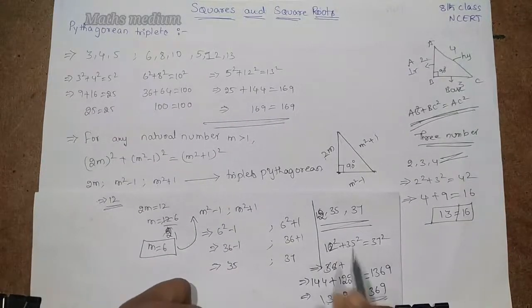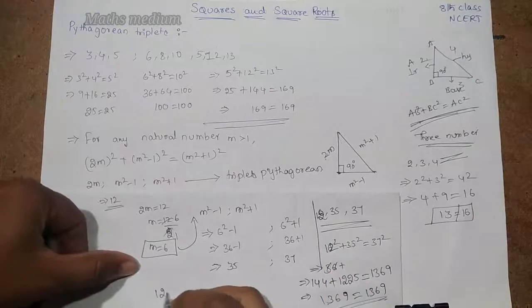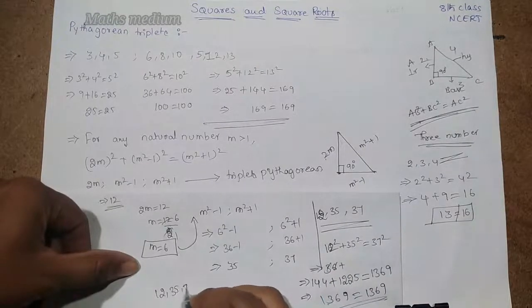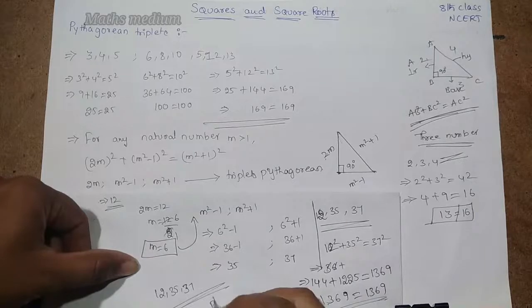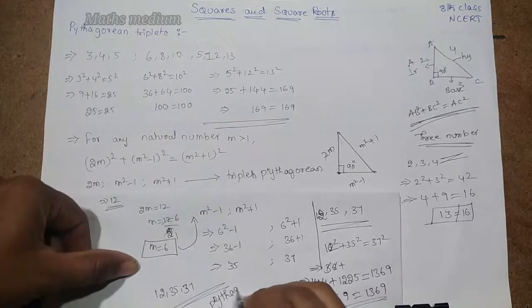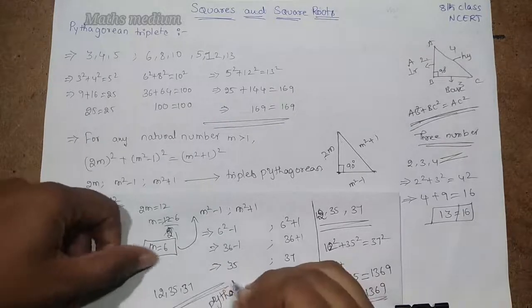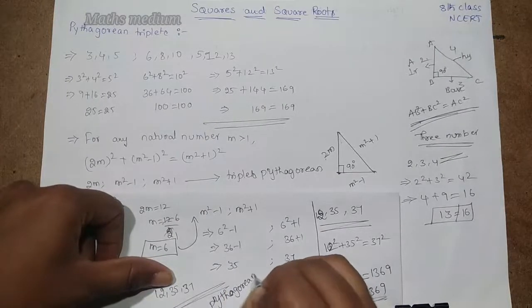See here, this is satisfied, so 12, 35, 37 are Pythagorean triplets.